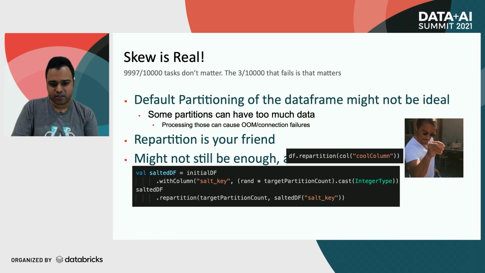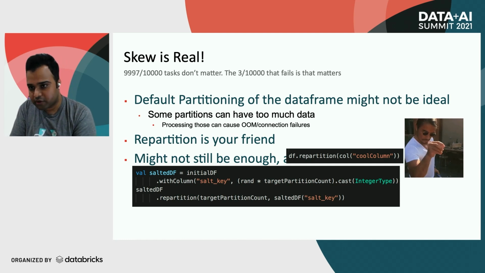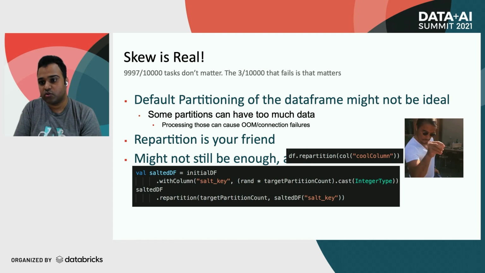One simple way is to have a target partition count in mind, and then randomize your salt key so that you have a much more uniform distribution, so that you can split the data uniformly across the various partitions, rather than using some other column which has a much more skewed distribution.